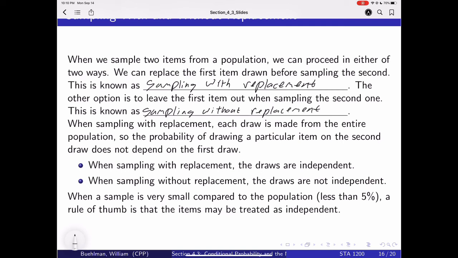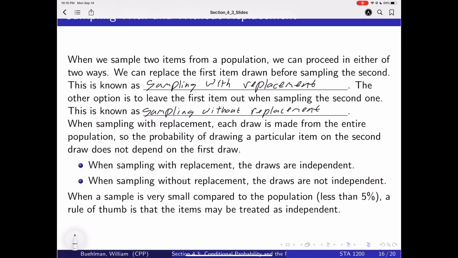When sampling with replacement, each draw is made from the entire population because we took something out and we put it back, so the population is still the same. So the probability of drawing a particular item on the second draw does not depend on the first draw. So when we're sampling with replacement, the draws are independent.